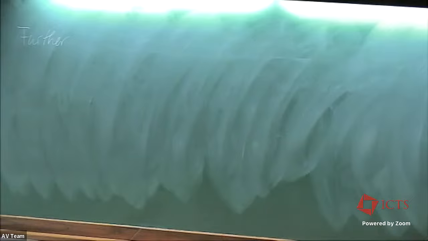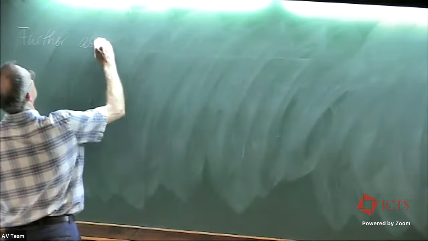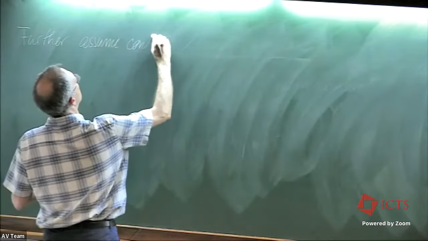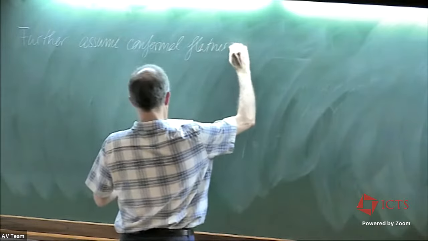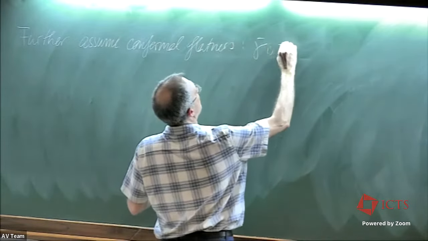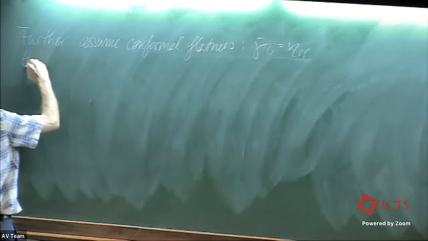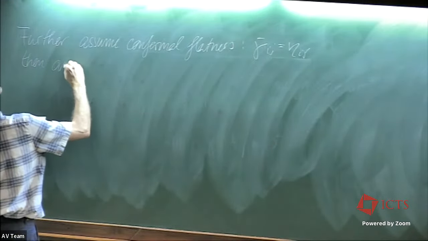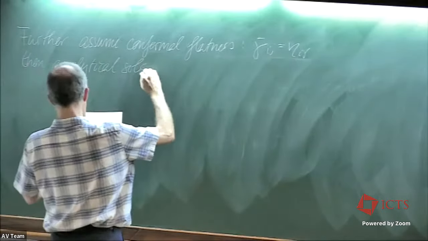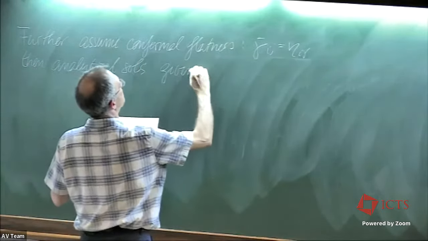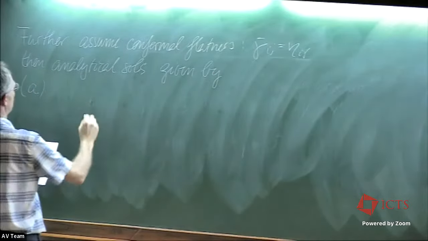So we assume conformal flatness, i.e. gamma ij bar equals eta ij. And then analytical solutions are given by, there are two. So here's the first one.